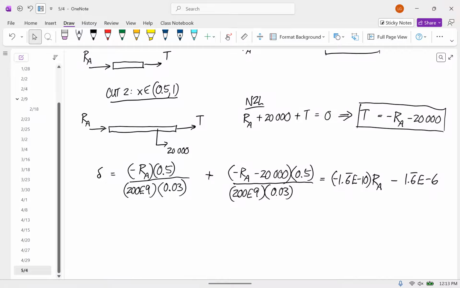So let's call it 1.2 times 10 to the minus 5.